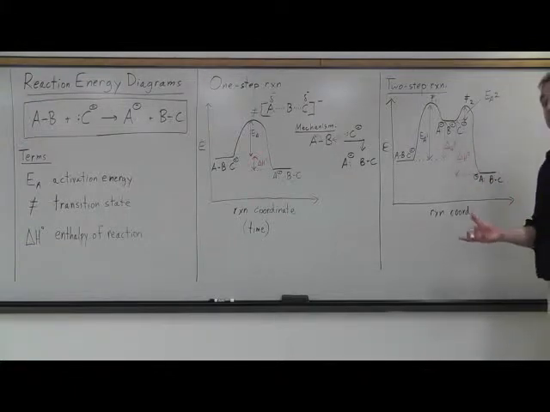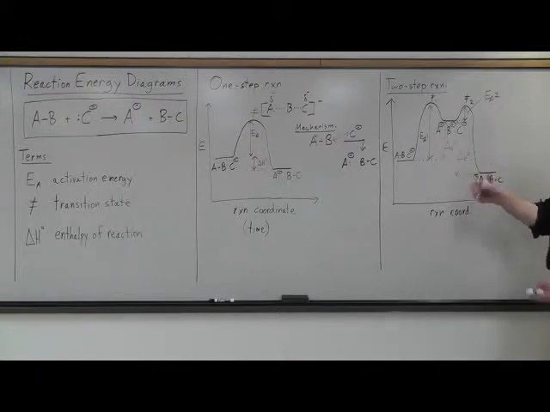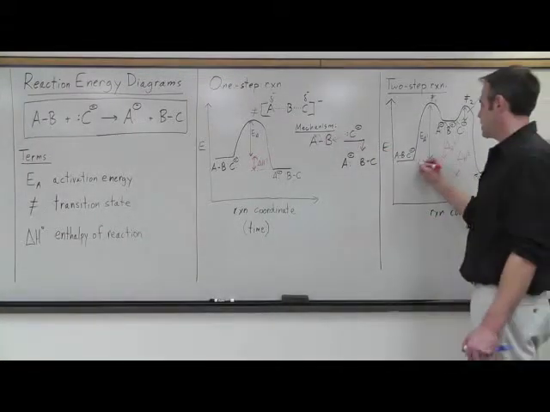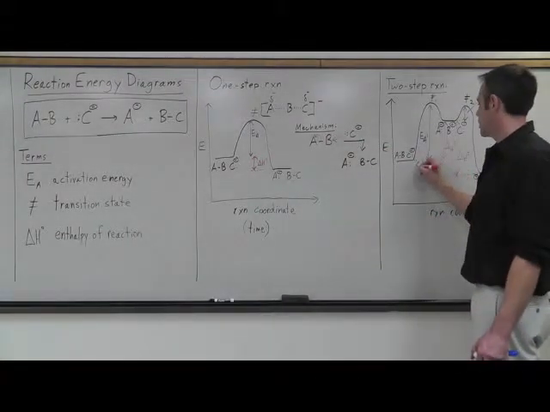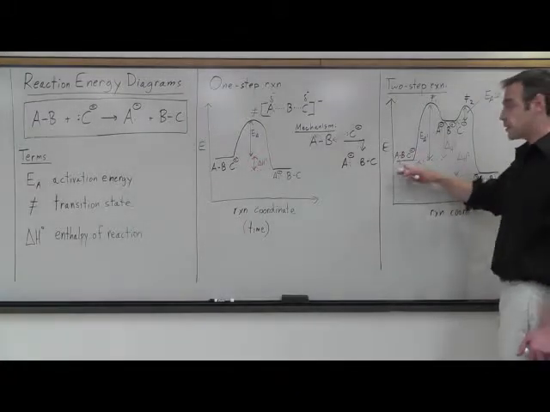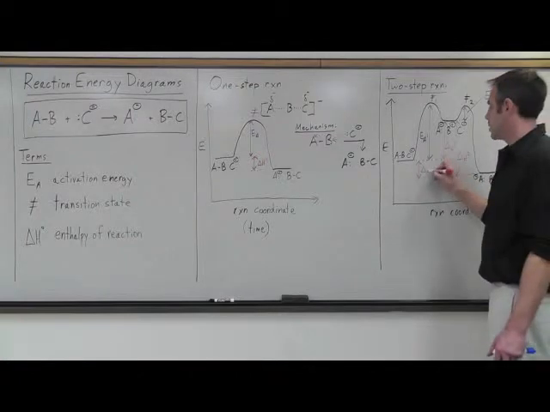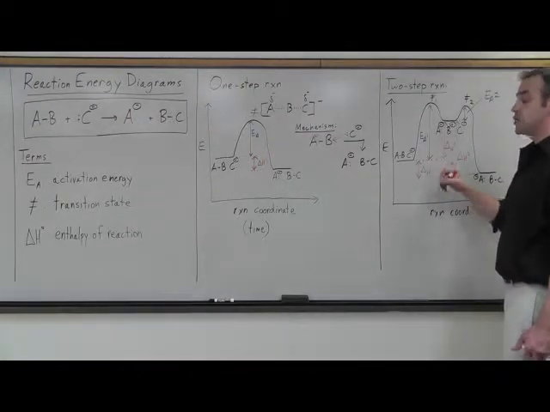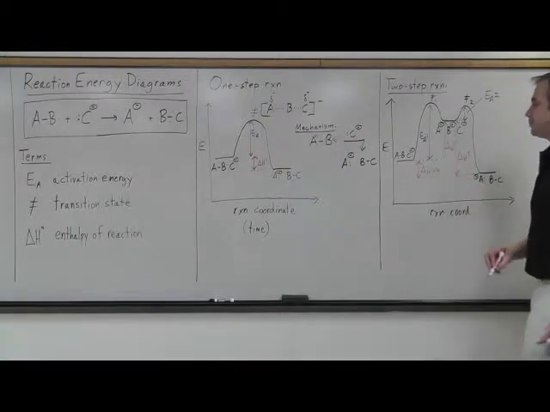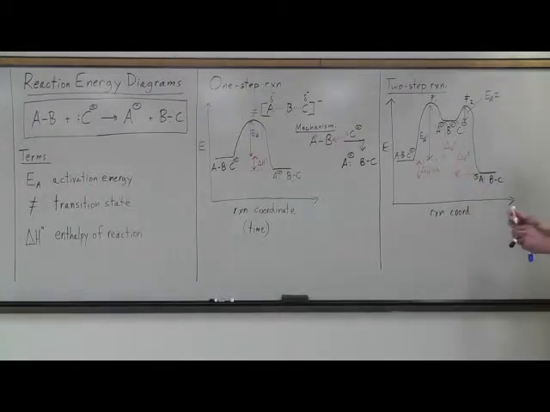It would be a negative value since we've released energy. And then this total reaction would be similar to the first one. And so the difference between the ultimate reactants and the ultimate products we could describe as delta H reaction or delta H total for the entire process.